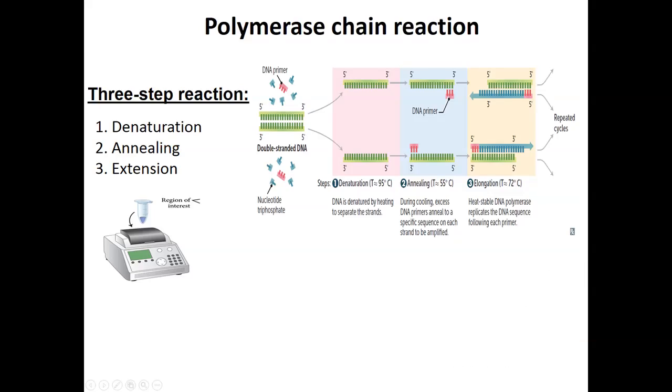In the process, you denature your DNA of interest, you anneal your primer, and your polymerase will then elongate it. But the temperature changes are required for this. In order to denature, you increase your temperature to 95. Now you cool it down for annealing, for the DNA to anneal and bind to your primers.